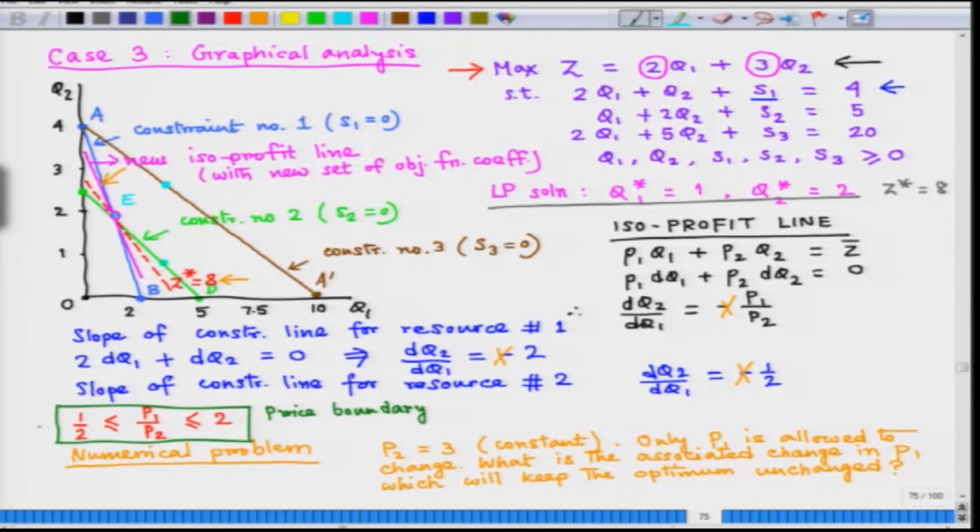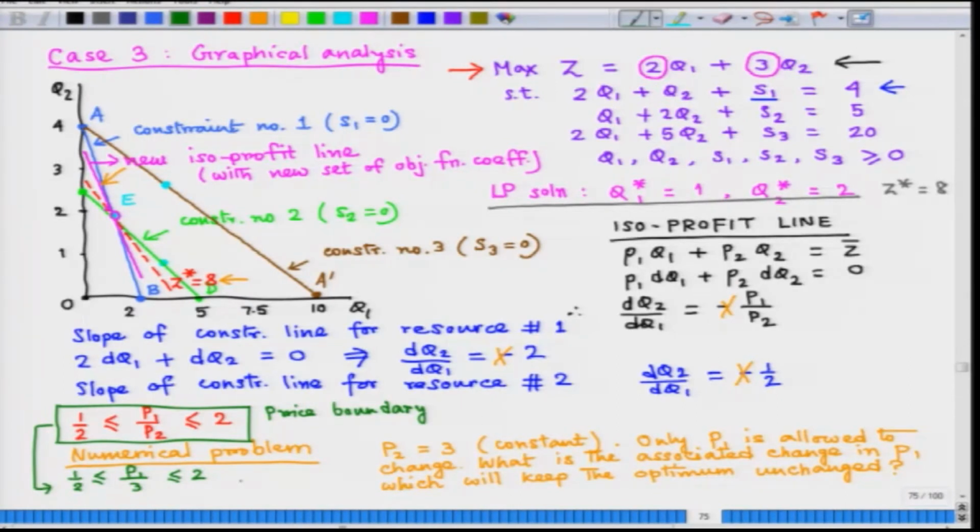So, we have to use this price boundary condition in our problem. Here we know for sure that P2 will be 3. So, let us plug the value of P2 here.